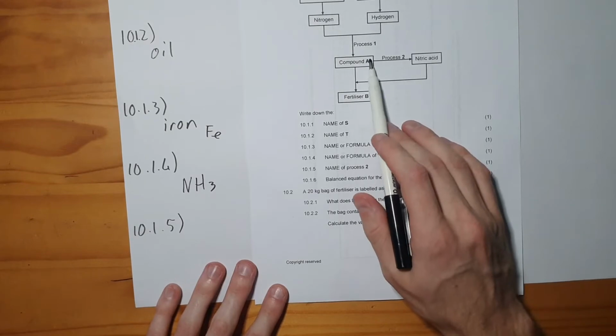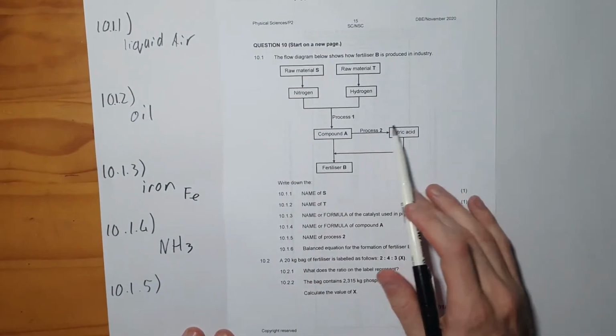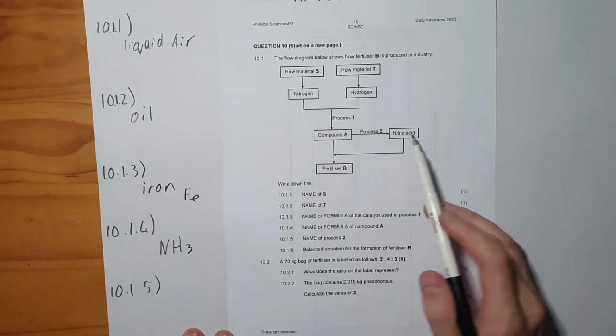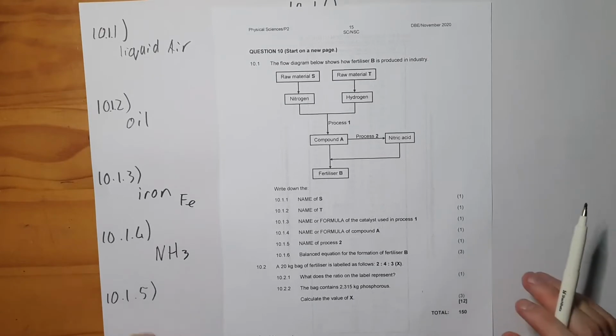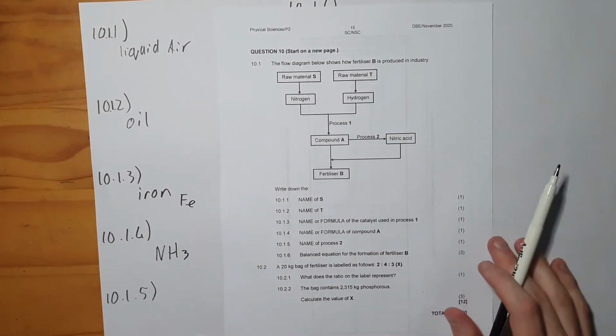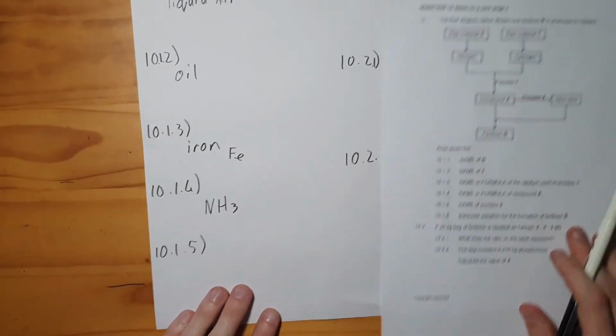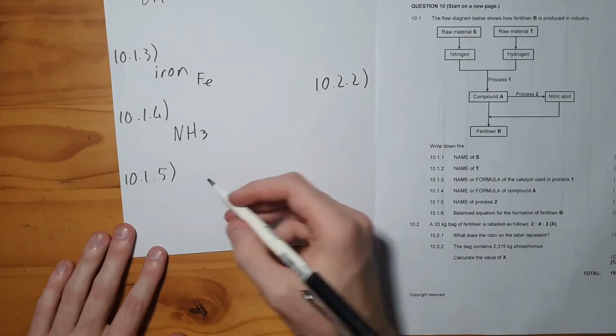Now we're taking NH3, which we just formed, and producing nitric acid. The production of nitric acid, you should recall, is your Ostwald process, where we take NH3 and use it to produce nitric acid. So process 2 is known as the Ostwald process.